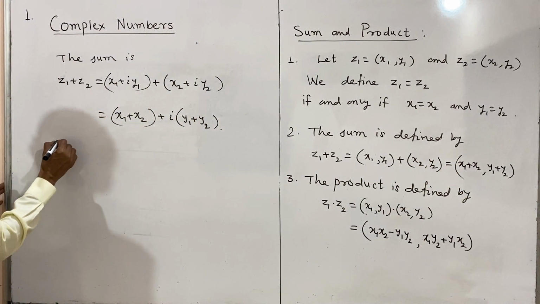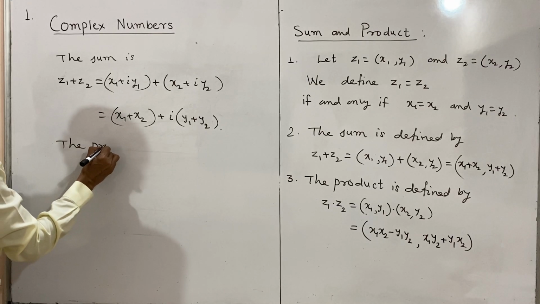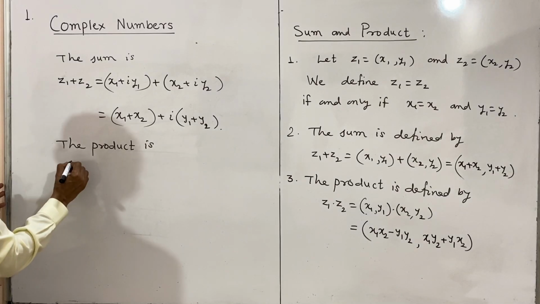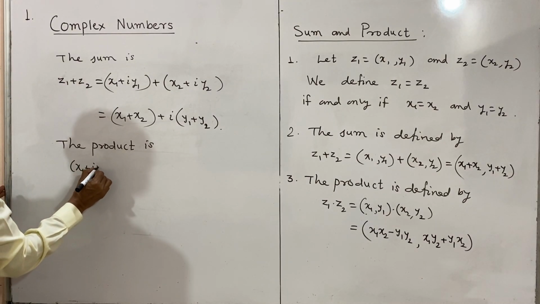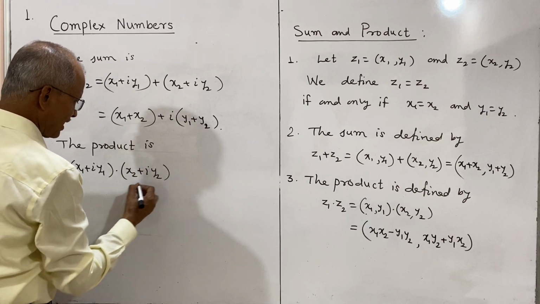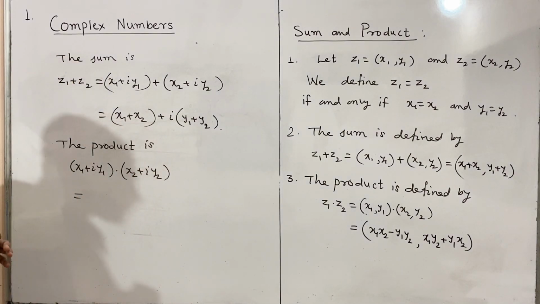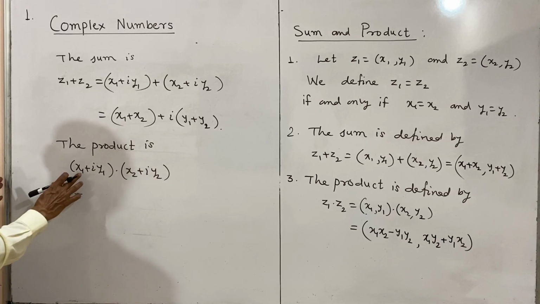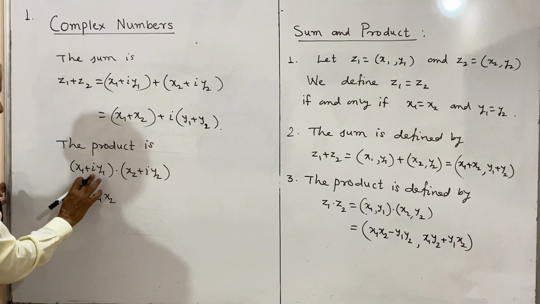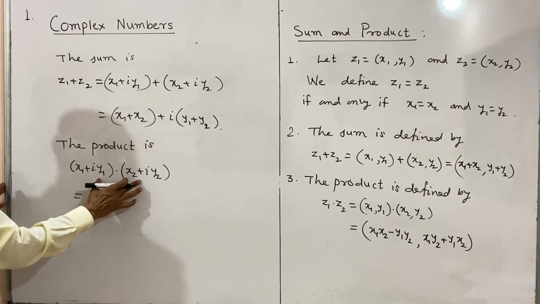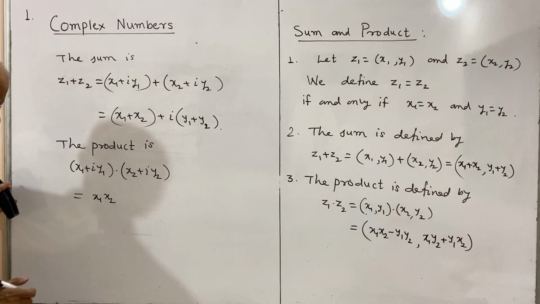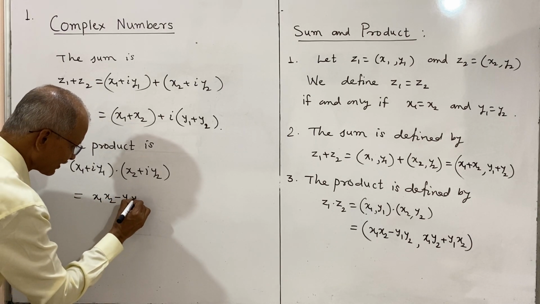The product is (x1 plus i into y1) into (x2 plus i into y2), and this is the usual way of multiplication. We have x1 into x2 and iy1 into iy2, that is i square into y1 y2. i square we have seen is minus 1, so it is minus y1 y2.